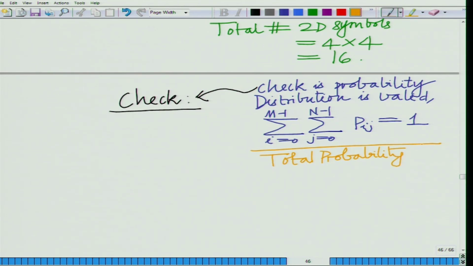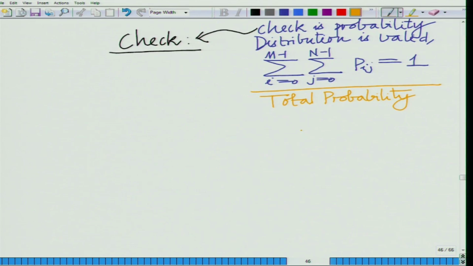The sum of the probabilities of all the events, which are mutually exclusive and exhaustive, must add up to 1.